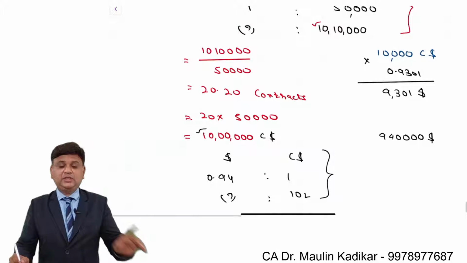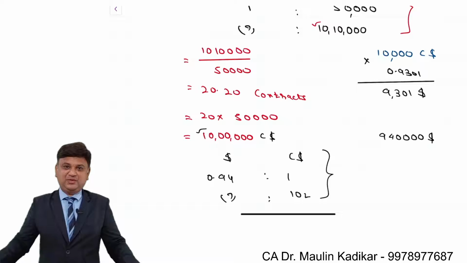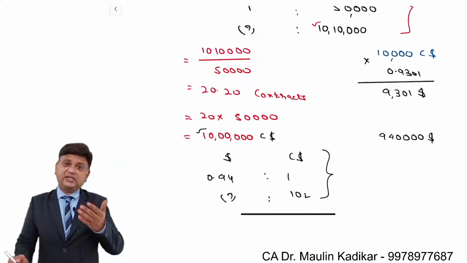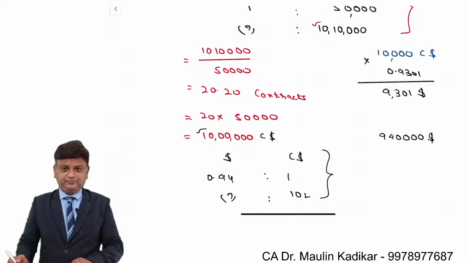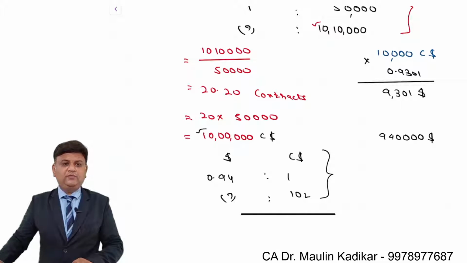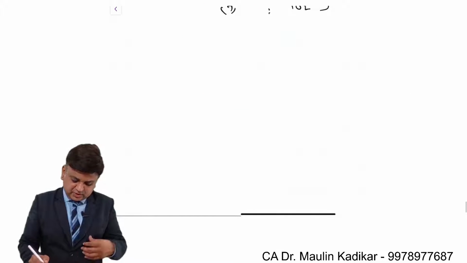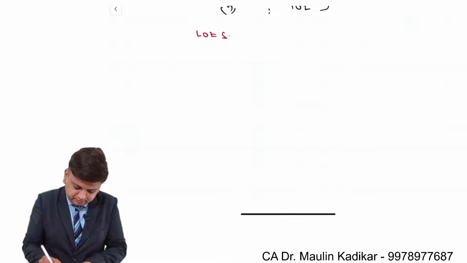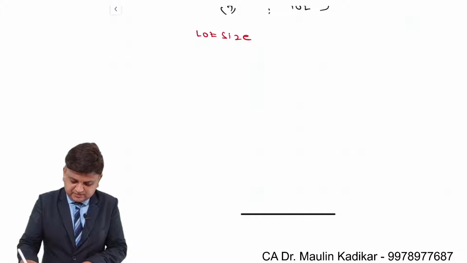Now there is one more thing which is remaining, that is the premium amount. Okay, now understanding the next point, listen carefully. We understand that we are supposed to consider the premium. Now friends, you have to see importantly that the lot size is provided to you in which currency?